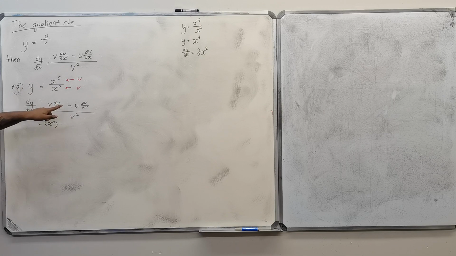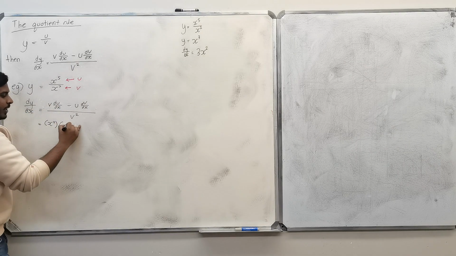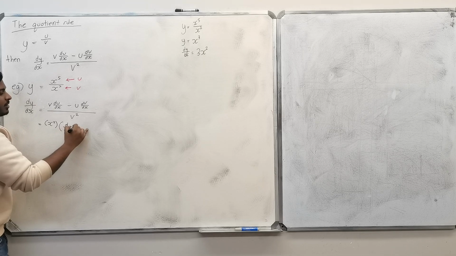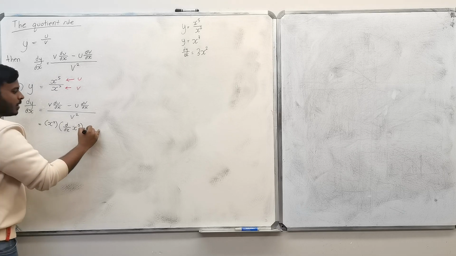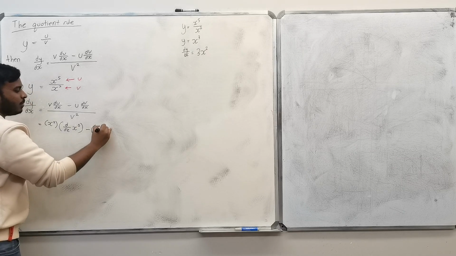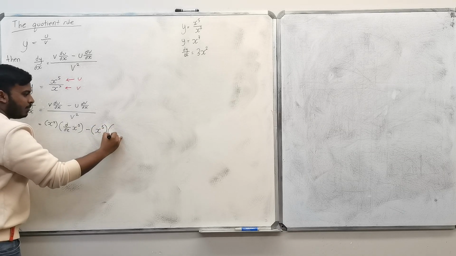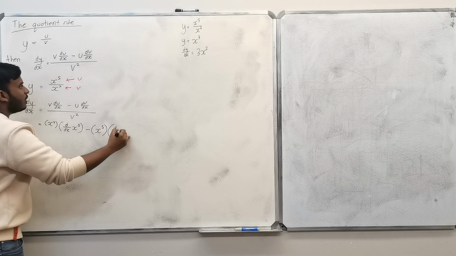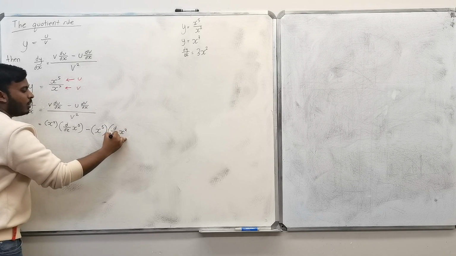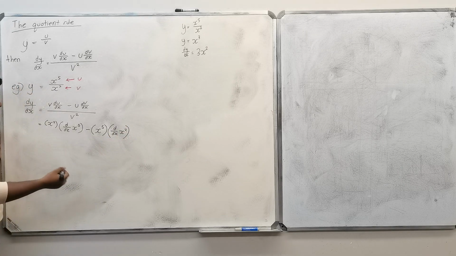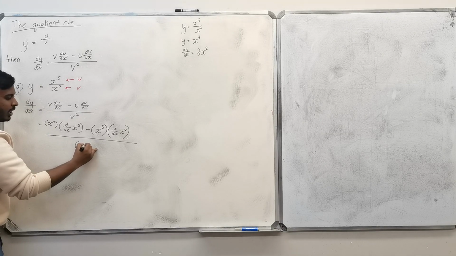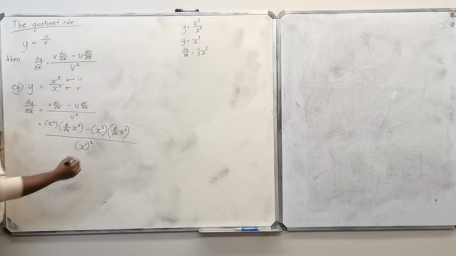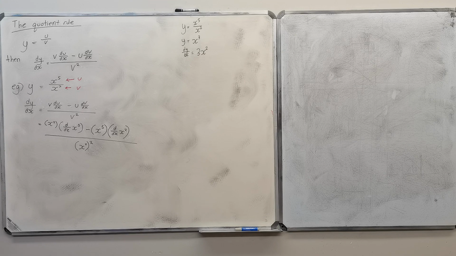It's the derivative of x to the power 5 with respect to x, minus u, which is x to the power 5, multiplied by the derivative of v, which is x squared, with respect to x, all over x squared, squared. Because v is x squared and it's v squared, right?